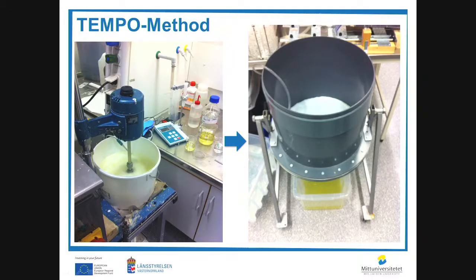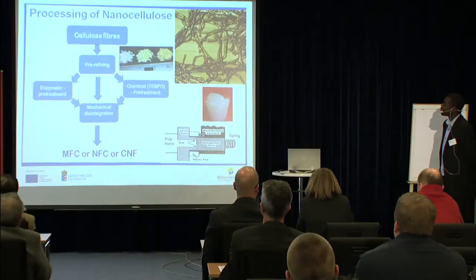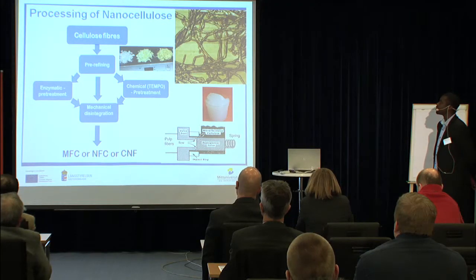This is just a picture to show what happens during the TEMPO treatment, and this is the sodium hypochlorite that you use to bleach it after adding the sodium bromide and the TEMPO radical, or the TEMPO catalyst, and you do the washing step. And this is a schematic view of how we can produce nanocellulose from this cellulose fiber material.